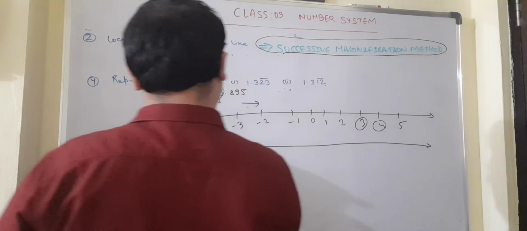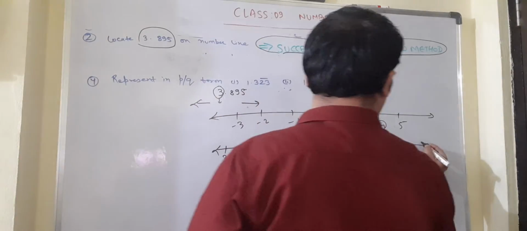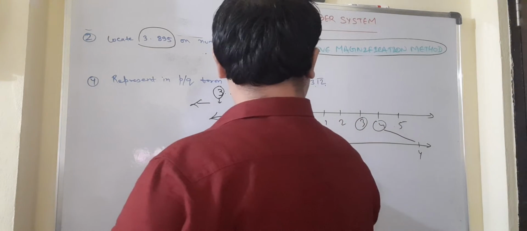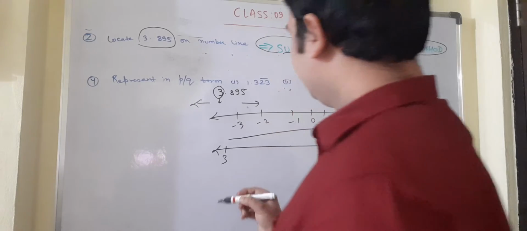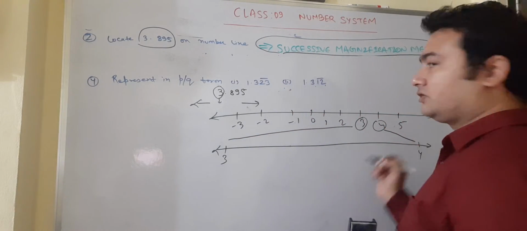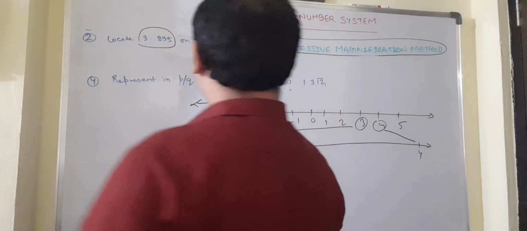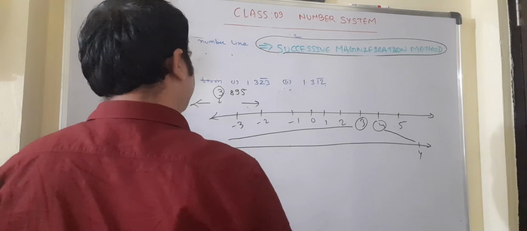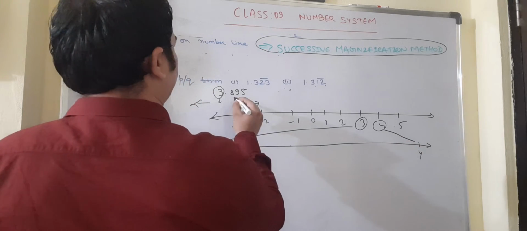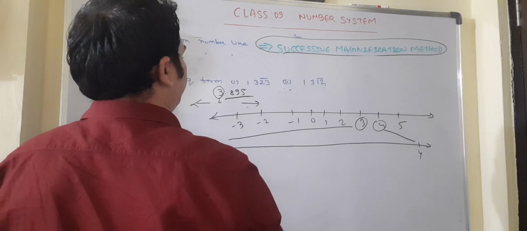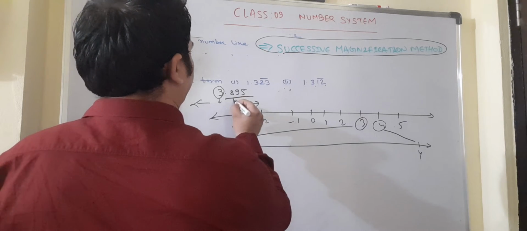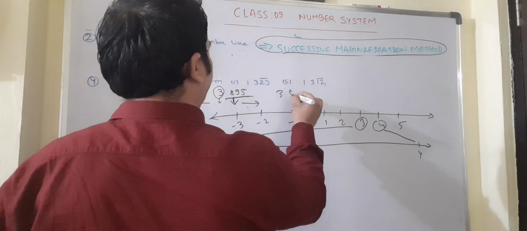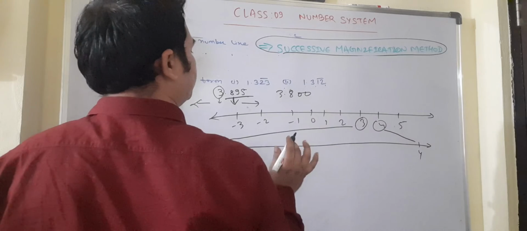Now the entire length will be from 3 to 4. This is 3 and this is 4. Do not put an arrow mark here. The books do not suggest this. So this is 3 and this is 4. You have widened the gap. Now what is left? 0.895. Where does this 8 lie? The 8th part, if it is 3.800, forget about the other digits.